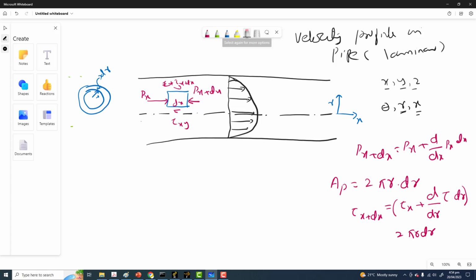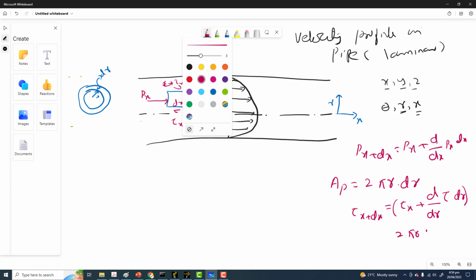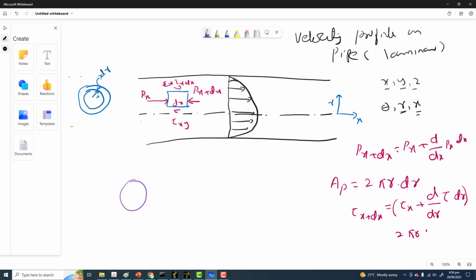There is a slight correction, so let me explain this. The area here would not be 2 pi r dr. For the axial location, we're talking about the 3D, so this will be one ring, and this ring is extending like this.